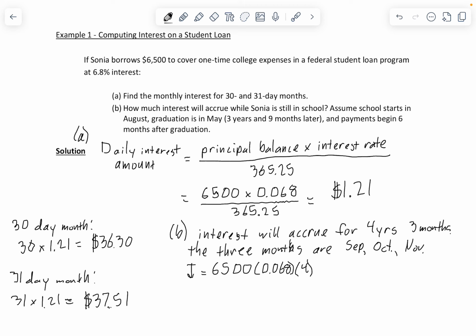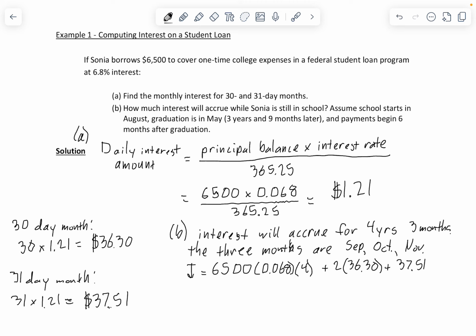And then we have to add the interest for the 3 months onto that as well. So that would be September, October, and November. 2 30-day months, so that would be 2 times $36.30, plus the interest for one 31-day month, which we said was $37.51.